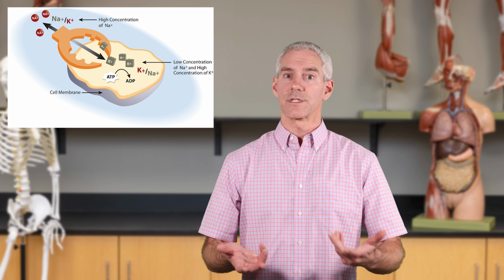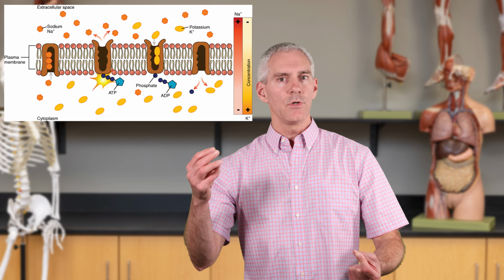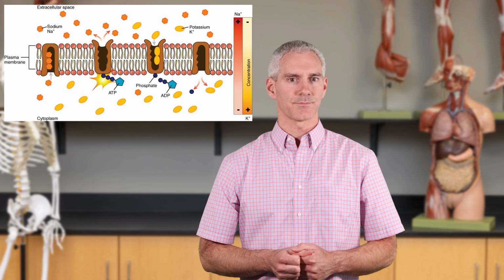By setting up this gradient, you put energy into it to make the gradient because the molecules don't want to go into a higher concentration. So by using what's called the sodium-potassium ATPase, or sodium-potassium pump, you're going to allow ATP, energy, to move 3 sodium molecules and 2 potassium molecules.